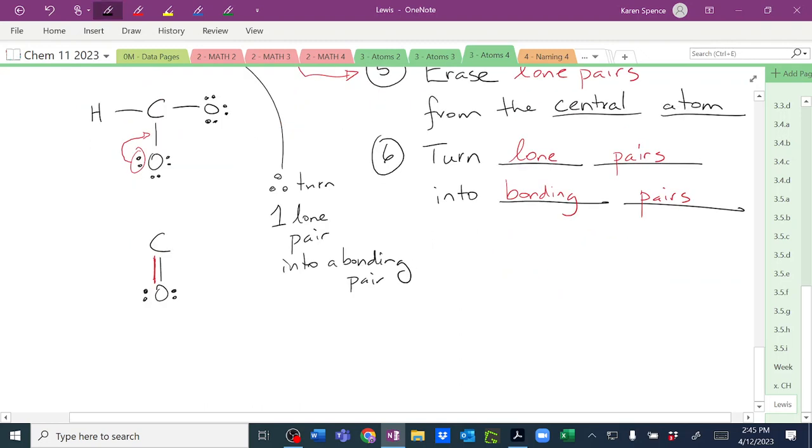It would be okay if you drew it like this, or like this. That would be okay. And then finally, we just finish putting everything back where it was before, because the rest of it didn't change.